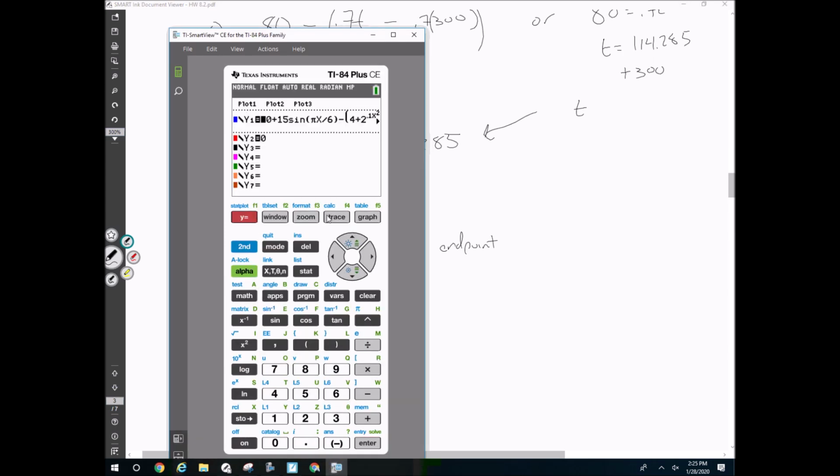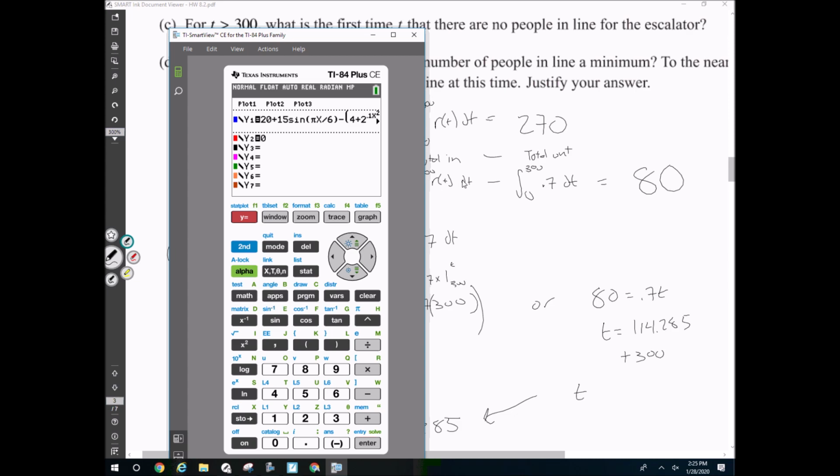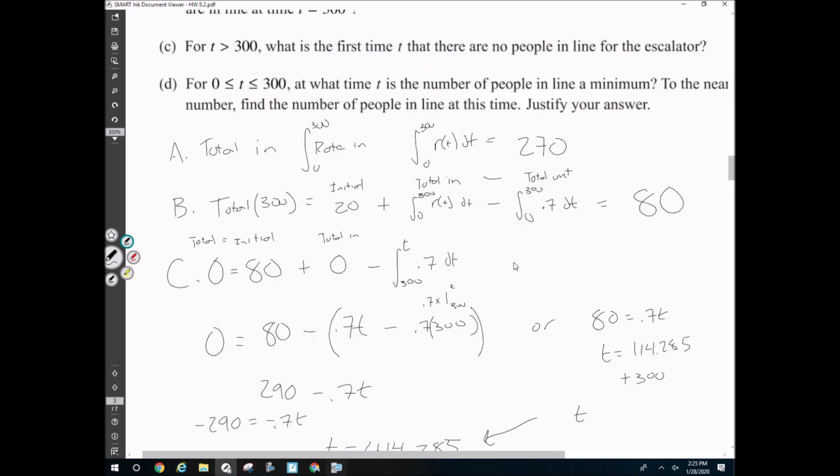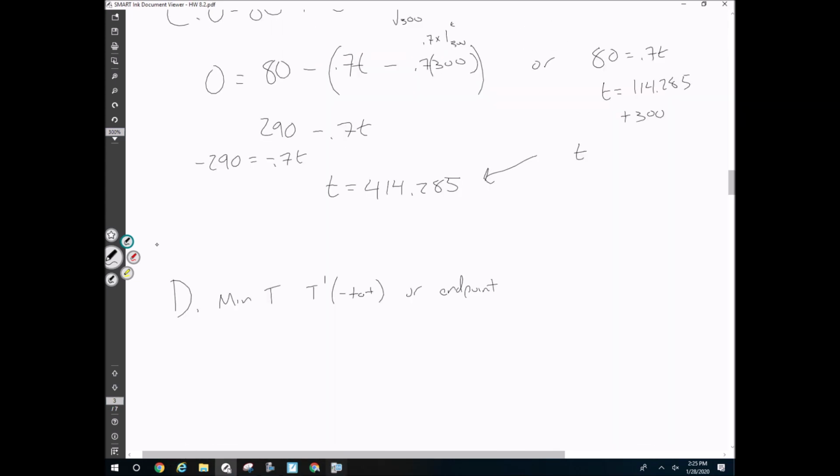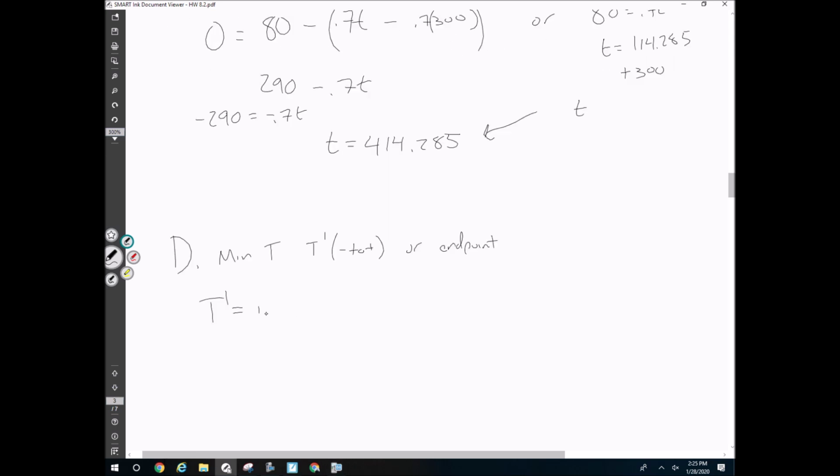Go ahead and graph t prime. T prime, we've already talked about, is rate in minus rate out. So this would be R minus 0.7.